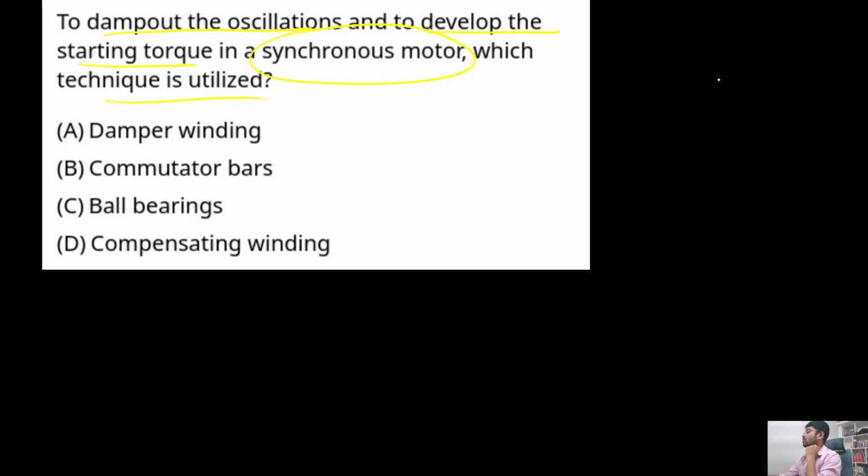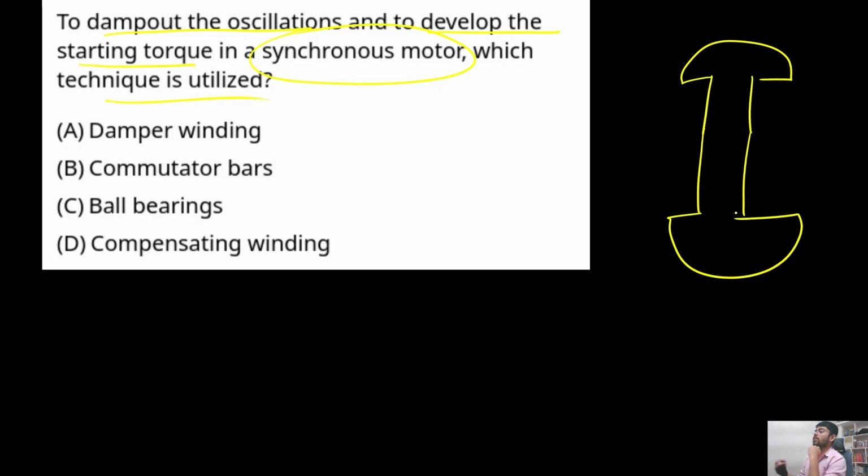So you can see, for example, this is the rotor of a synchronous motor. Here there is a winding. So this is north pole, this is south pole. The winding will be there along with slip rings.